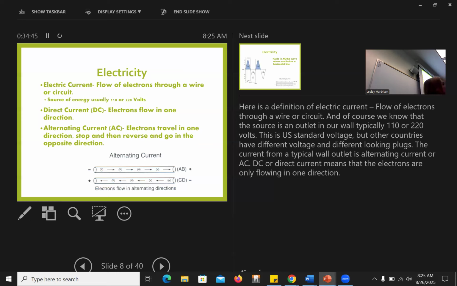And that is very useful for our understanding of how X-rays work. It's just this constant back and forth flow of electrons.